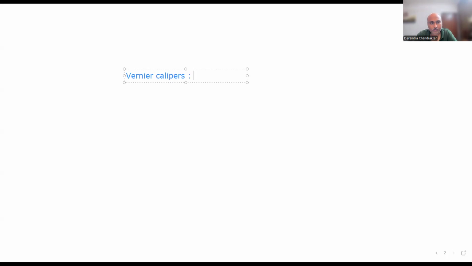Usually the least count of Vernier calipers is equal to 0.01 centimeter. Usually the calipers which we use in the lab have a least count of 0.01 centimeter. We will learn how to find it. So this is the least count.